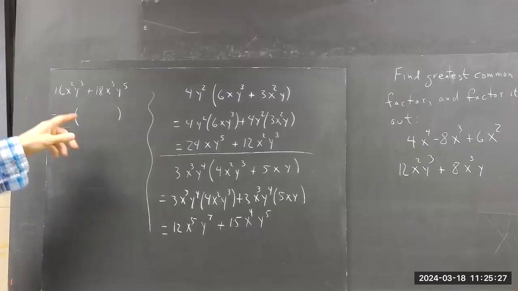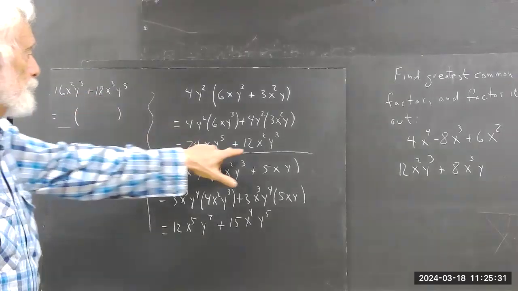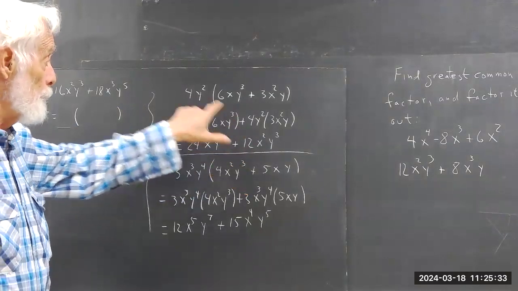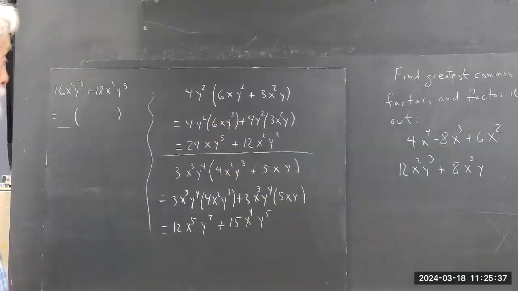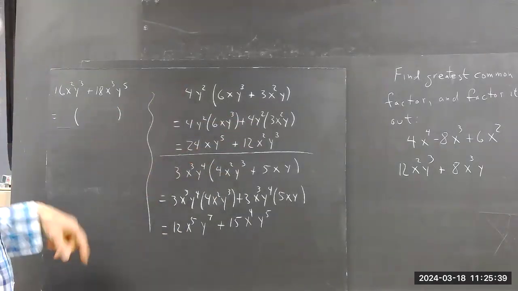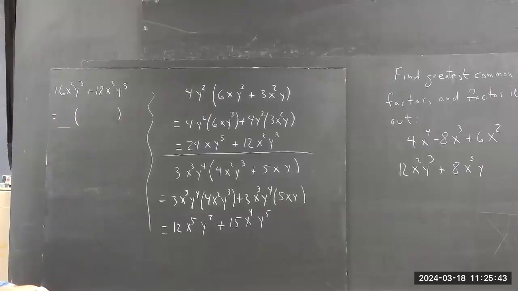Hopefully, the term that you would write out here, in other words, we want to take this, which is in this form, and we want to write it like this. Okay? We want to do this backwards. So what could you put out in front here, and then what would you have left in the parentheses?